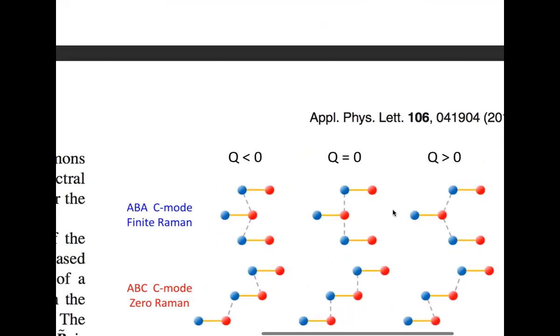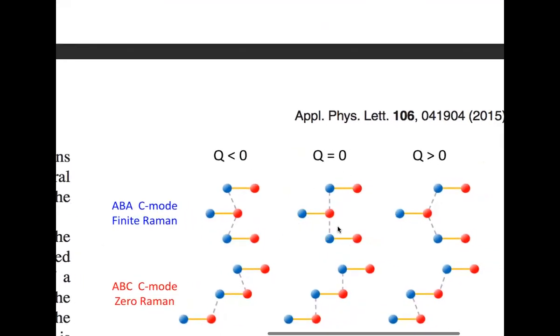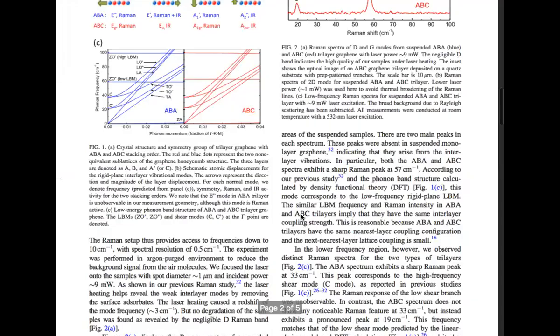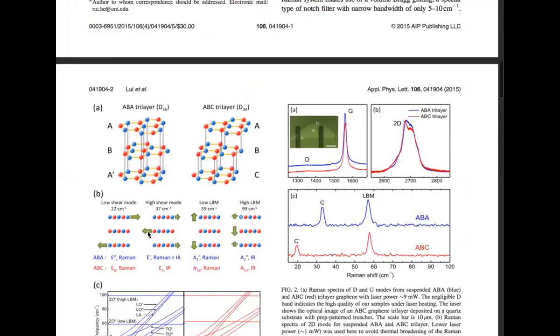Okay, so now let's consider the oscillation. The first mode, the high energy mode, is this one. This one moves on one side, this one moves on the other side.